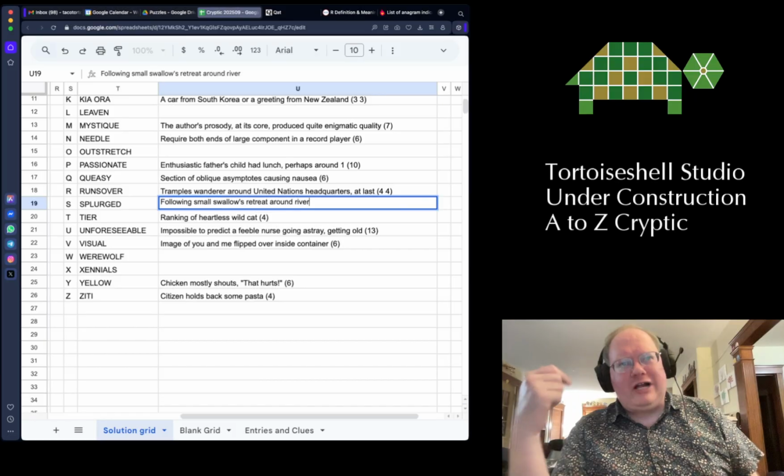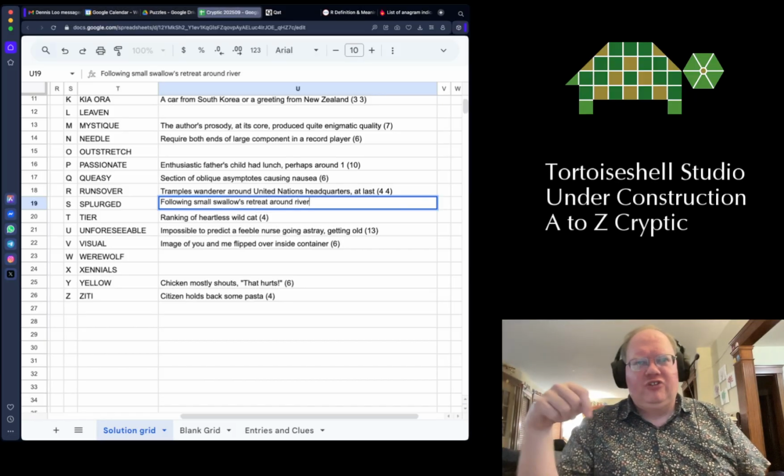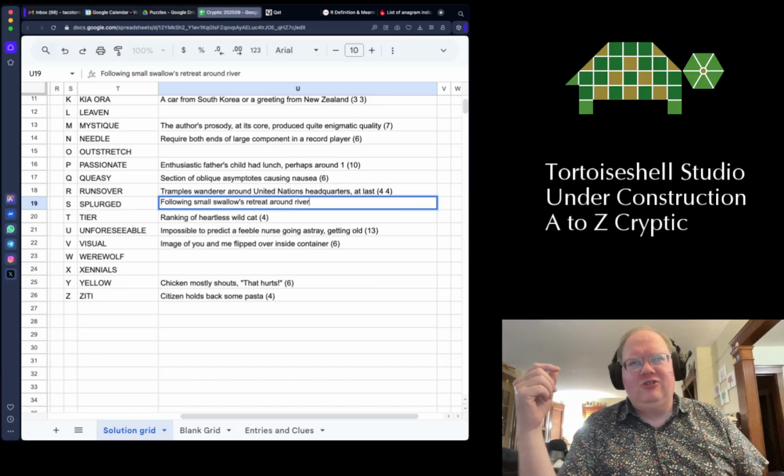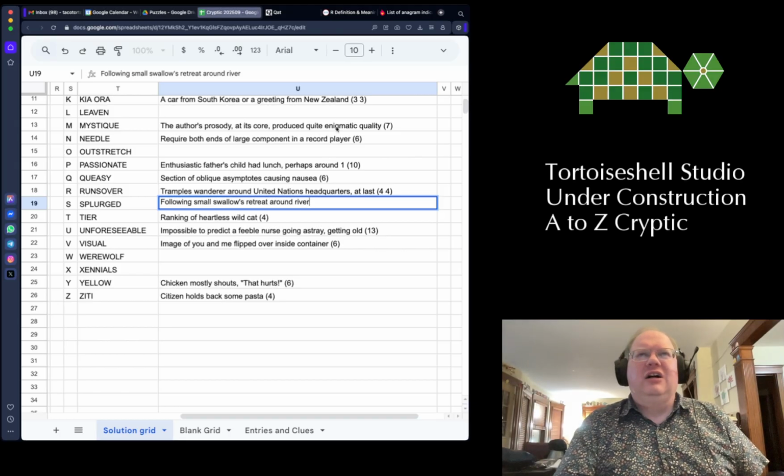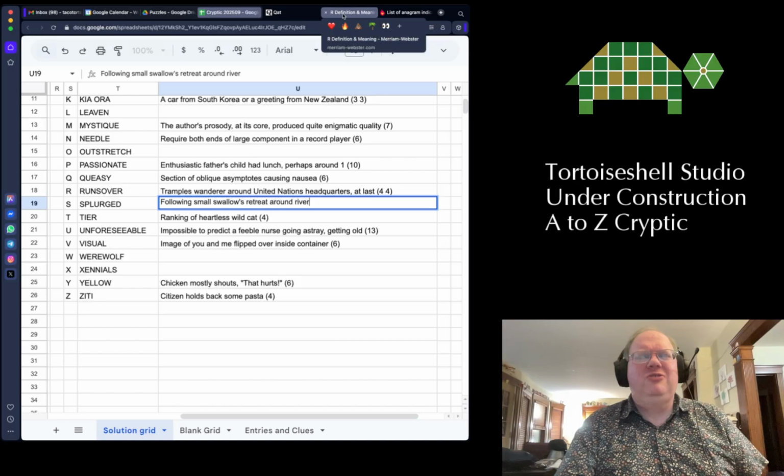Problem is, I don't like a round river here because a river is not a thing you go around unless you're at the very end of it. It's something you go across. Can we use across as like?